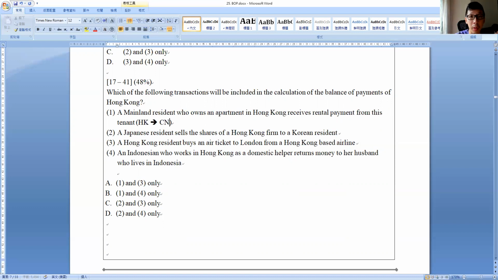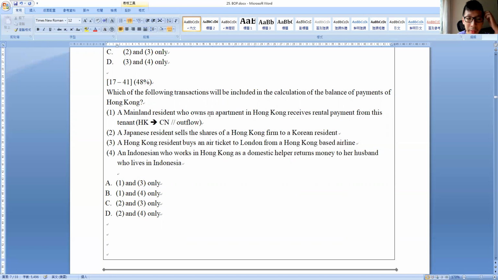See? Money has flowed out of Hong Kong. We call this an outflow of money. When we have an outflow of money, yes, we are going to count it in our balance of payment. Okay, number one is correct.